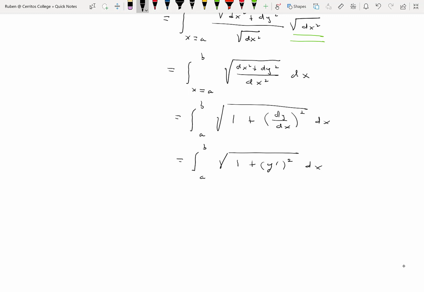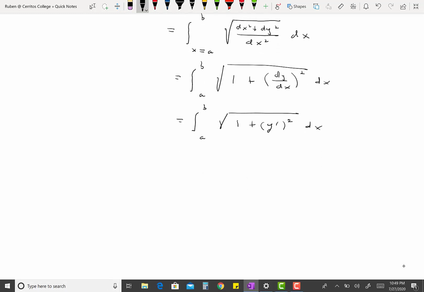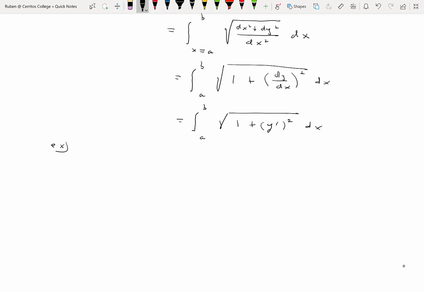Okay, so let's take a look at a specific example. Let's find the length of the curve y equals 1/2 x squared minus 1/4 times the natural log of x.